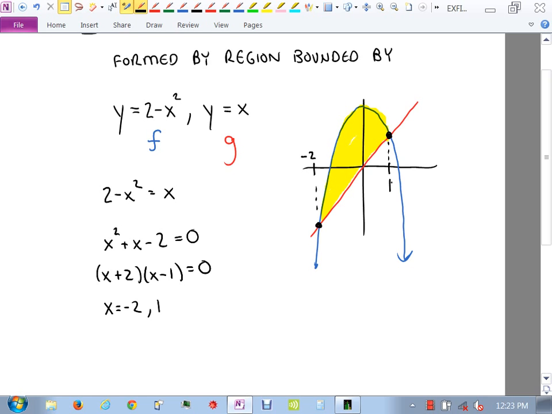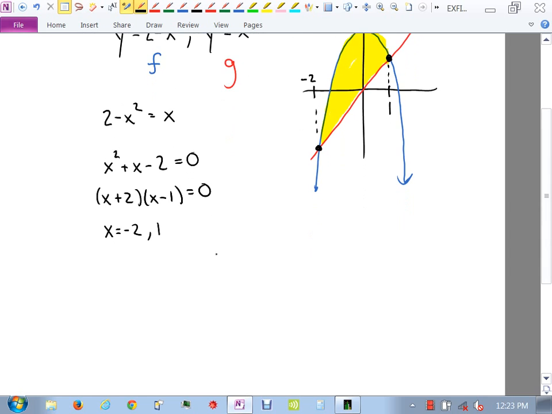So to get the area will be equal to the integral from negative 2 to 1 of the top function, which in this case was 2 minus x squared, minus the bottom function, which was x dx, which is really just integral negative 2 to 1 of 2 minus x squared minus x dx.